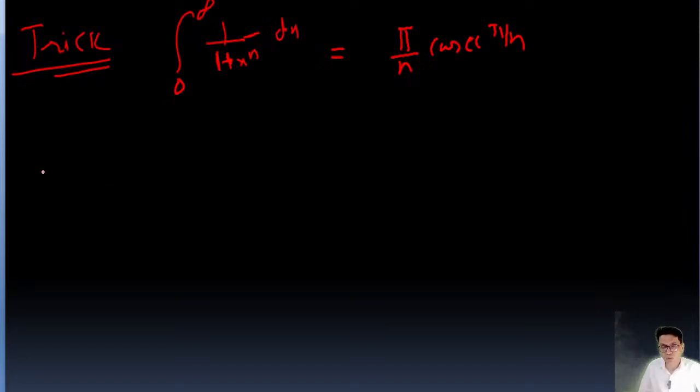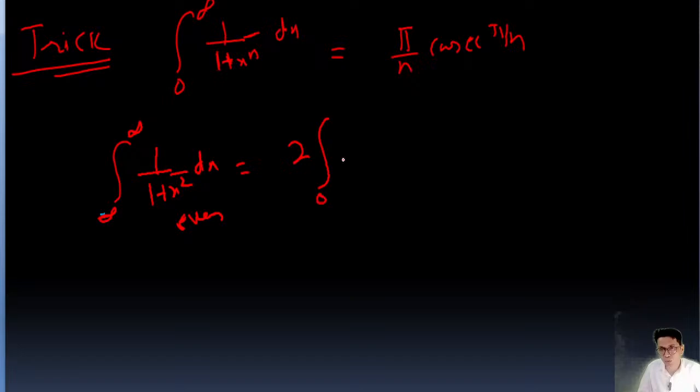So now the question which we have been given, we can easily solve, right? This question was given earlier, and I solved it by the proper method. This is the integral from minus infinity to plus infinity of 1 upon 1 plus x square dx. We found the value pi. Now I'll solve it by trick. The limit is minus infinity to plus infinity, and this is an even function, so we can break the limit.